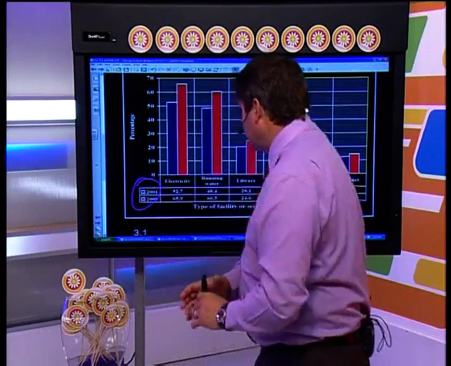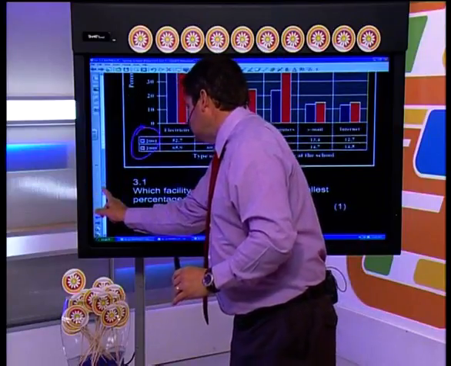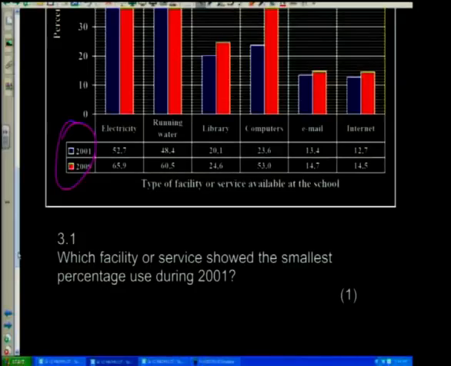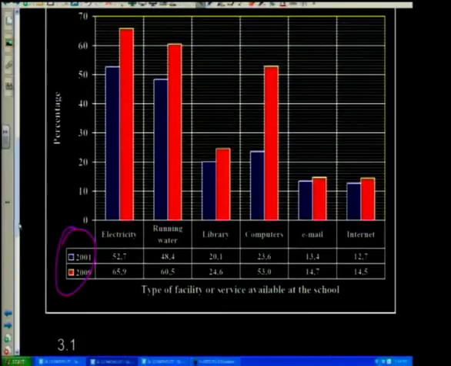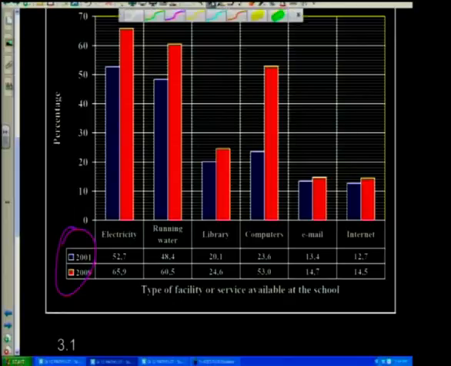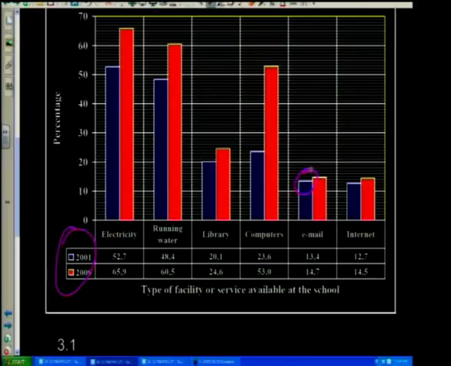Right, let's have a look at our very first question. Our first question says this: which faculty or service showed the smallest percentage use during 2001? And remember, 2001 is represented by my blue graph. Which is the smallest? Well, it's kind of close. There's a very close link here between email and internet.